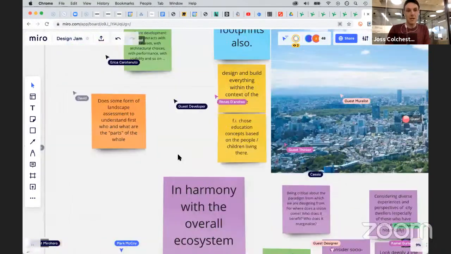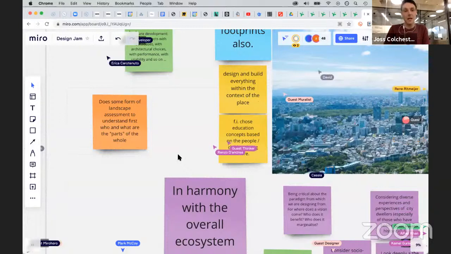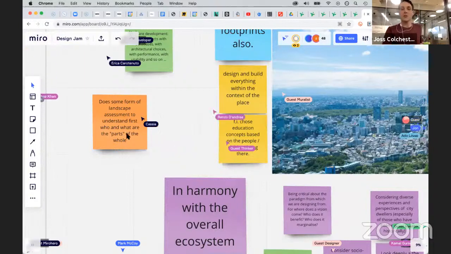Okay. Do some form of landscape assessment to understand first who and what are the parts of the system. Anybody want to talk on this one?